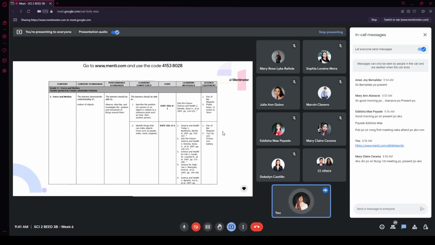Although for the pair of bar magnets, we can get that from the laboratory, but these are simple apparatus, right? Or simple lab supplies. Okay, so moving on to our next slide.